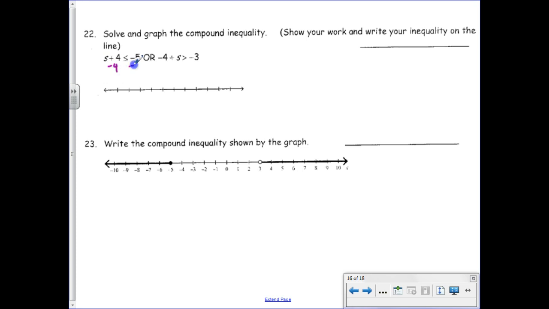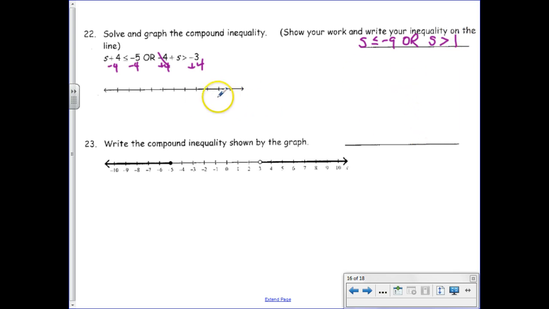When I solve this and subtract 4, I get on the first one, S is less than or equal to -9, or, let's see, this is -4, so if I add 4, that goes to 0. Add 4 over here. I get S is greater than 1.